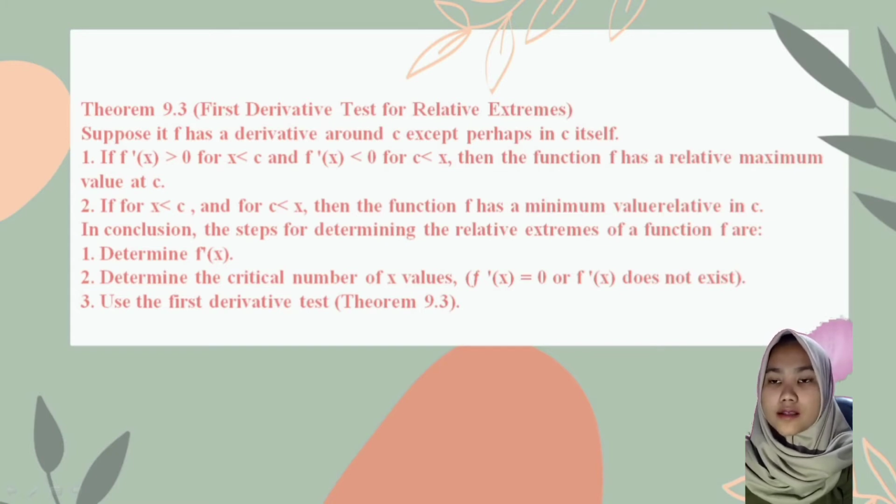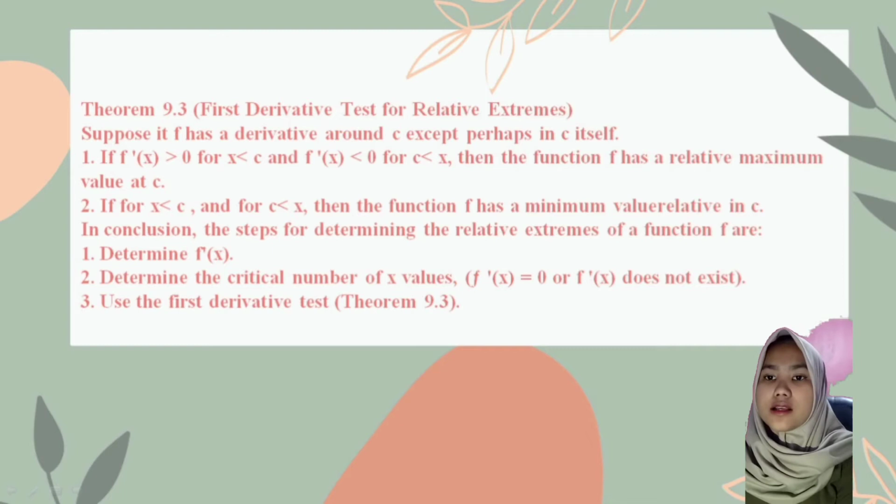Determine f'(x). 2. Determine the critical numbers, the x values where f'(x) is equal to 0 or f'(x) does not exist. 3. Use the first derivative test, or theorem 9.3.